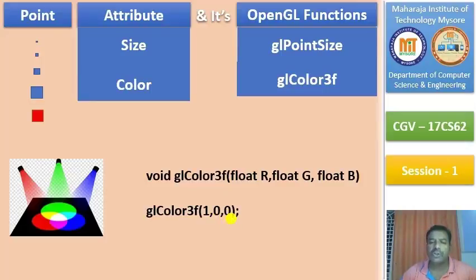So if I execute this color function before I draw a point, either inside glBegin or outside glBegin, I'm going to change the attribute of the point color from blue to red. Now this is the point attribute size and color, and their respective OpenGL functions, glPointSize and glColor.